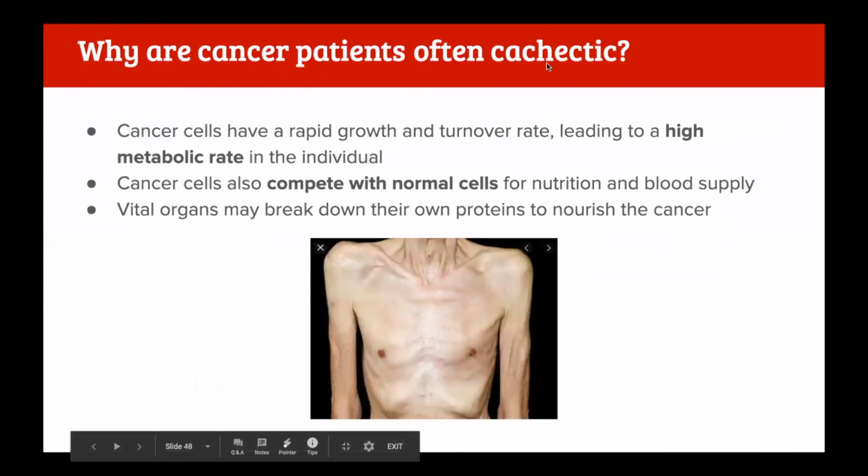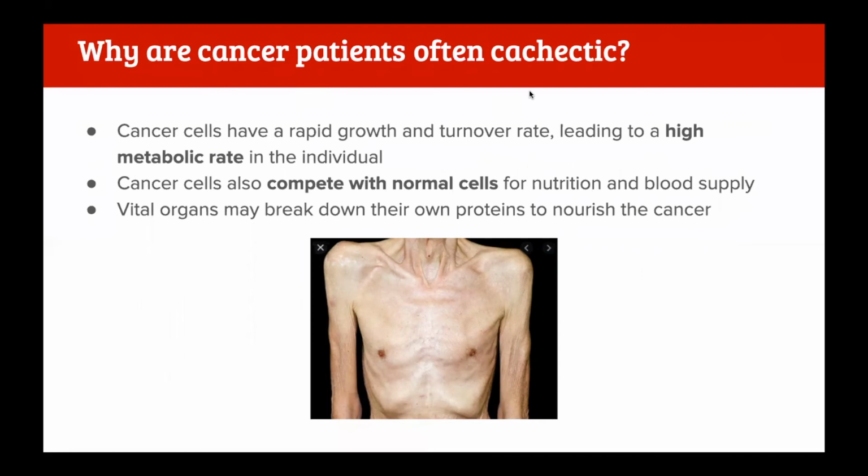Why are cancer patients often cachectic? So this is something you'll learn maybe next semester or this year when you have an older age patient coming in and they're obviously cachectic. So cachexia is when a patient's very underweight. You generally want to think straight away, could this person have cancer?